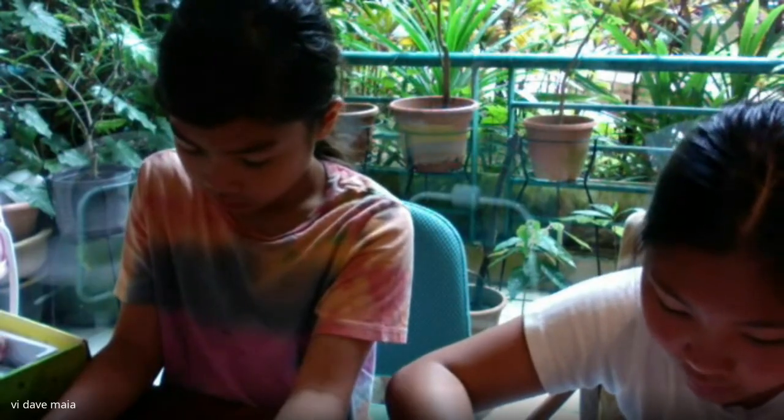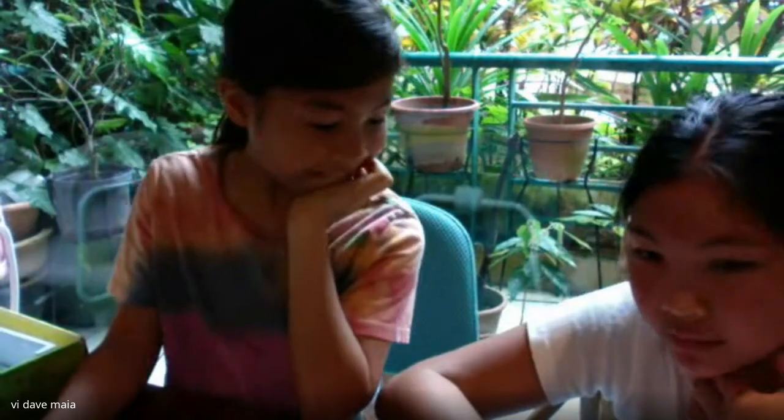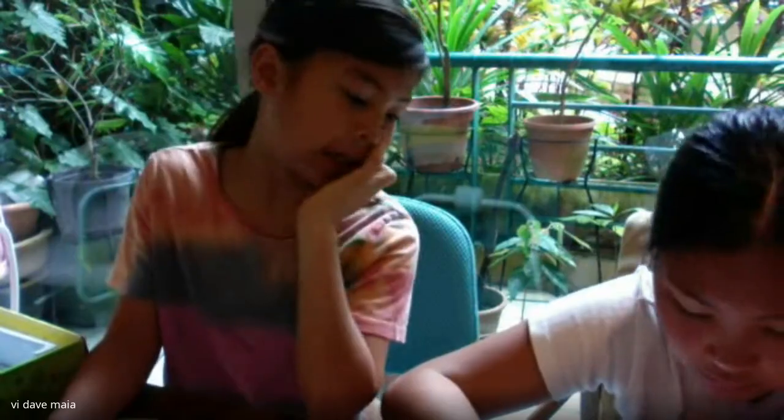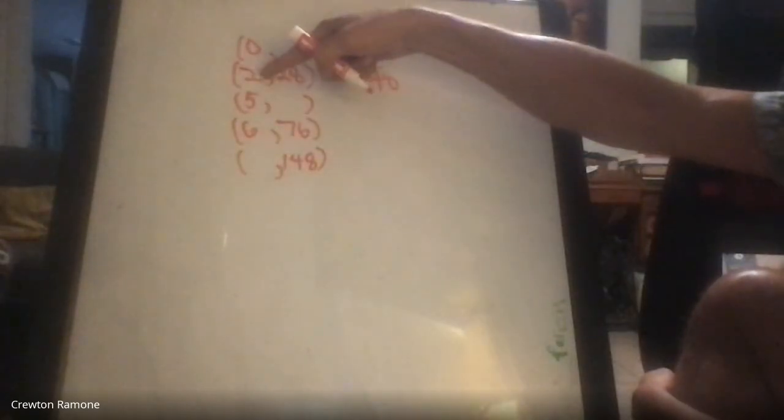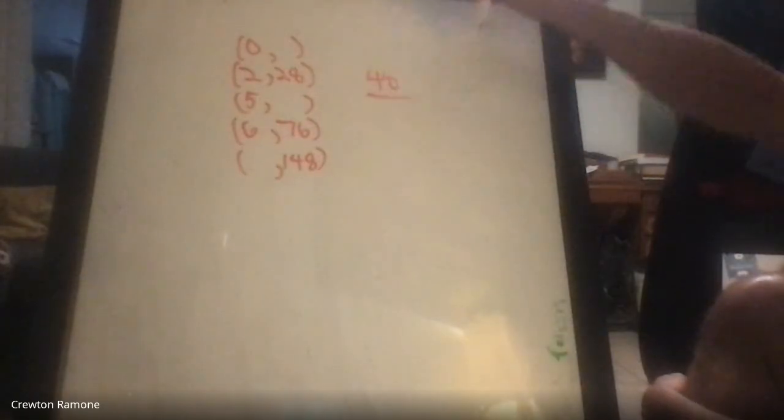You have to get to the point where you can do it in your head easily. So 48. How many a day? 48. And then what's the difference between 2 and 6? So they make 48.